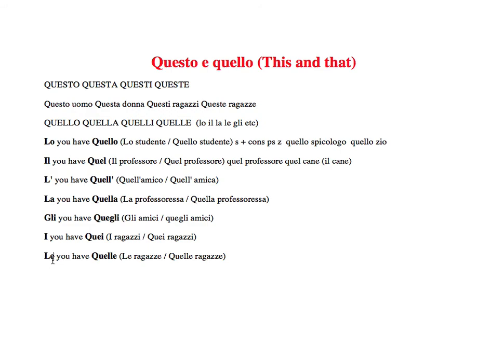The same way, if you want to express the in front of a plural feminine noun, it would always be le in Italian. So you will say le ragazze, quelle ragazze, le studentesse, quelle studentesse, le professoresse, quelle professoresse, eccetera.